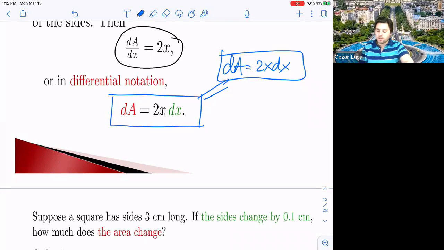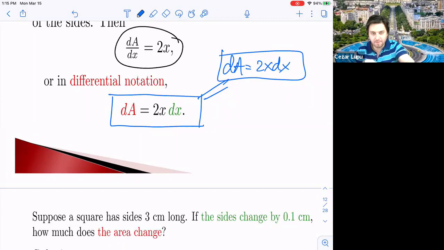So what did we say about the area? Just look above. If x is one of its sides, or the size of a square, the area as a function of x will be equal to what? Come on, tell me.